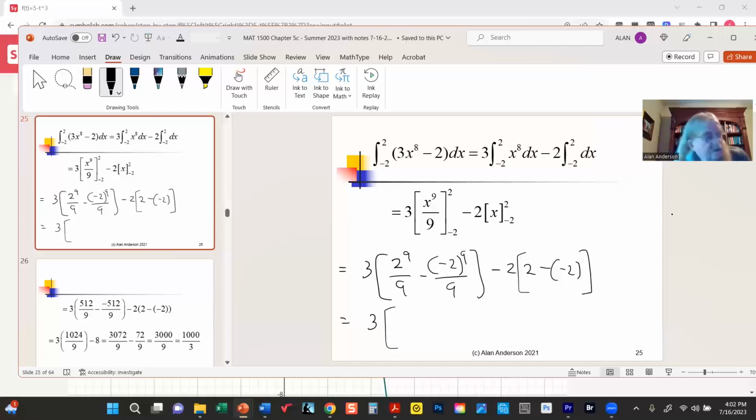2 to the 9th is 512. Now, -2 to the 9th is going to be -512, but we're subtracting it. We have 2 plus 2.